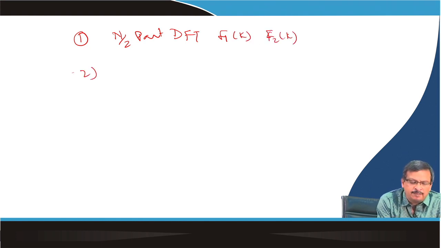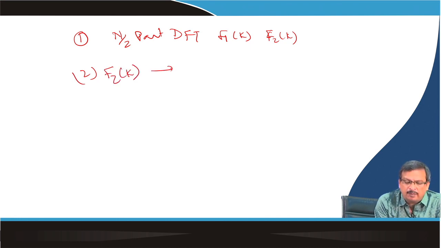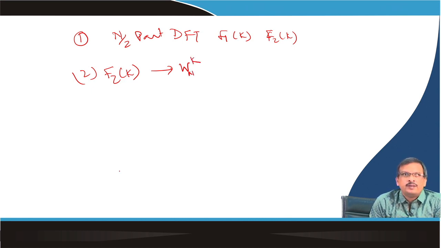Second step: F2k will be multiplied by a complex factor, omega n to the power k. Third stage: I have to add them, F1 plus omega n k F2k.